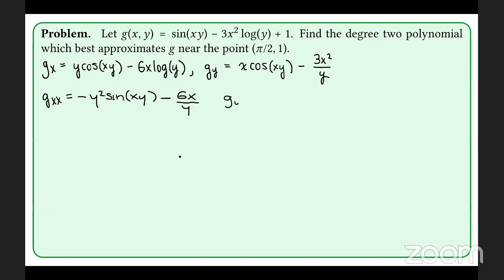And second order partial with respect to y is negative x squared sine of xy minus, positive 3x squared over, sorry. Yes. The negative 6x over y.